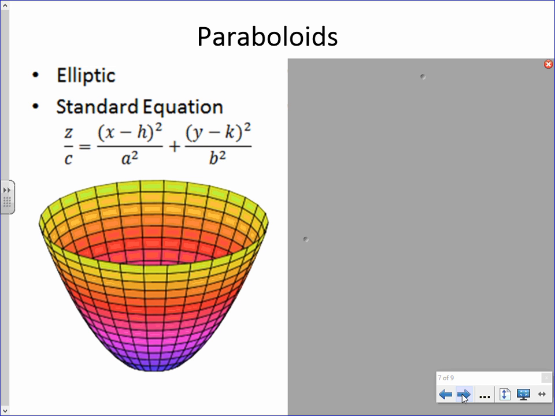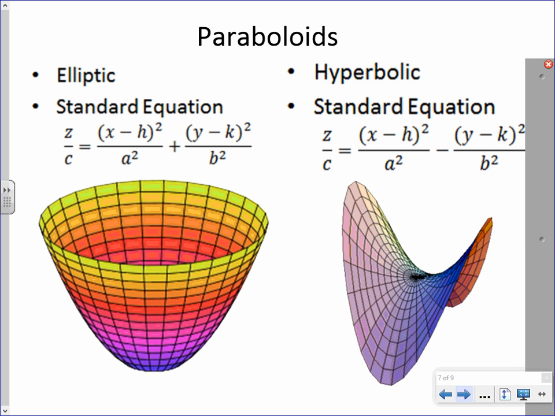This is an elliptic paraboloid. So it's a 3-dimensional parabola where the traces are ellipses, versus a hyperbolic paraboloid, which is a 3-dimensional parabola where one of the traces is a hyperbola.